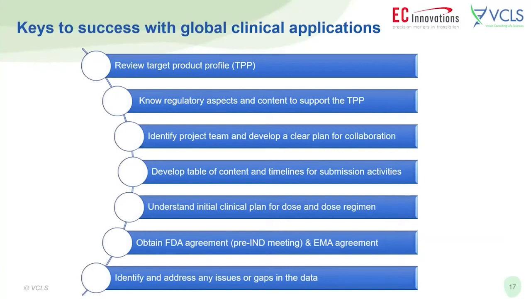So a target product profile is not necessarily submitted to a health authority, although in some cases we have submitted it, but it outlines the indication, it outlines the manufacturing process and the quality and how you're going to test the quality of your therapeutic, so that the health authority understands that you have a plan in place, you have a good scientific rationale, and that you're following a working plan to get the product that you intend to develop.